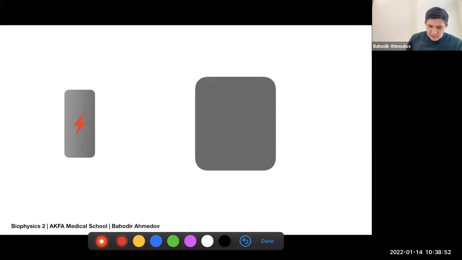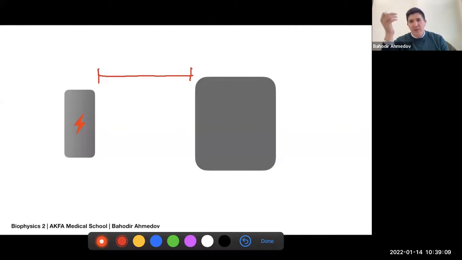Okay, so the idea is like this. I can understand the distance between the observer and the source of the signal, or the object, which is steady, which is not moving, by just measuring the time and knowing the velocity.